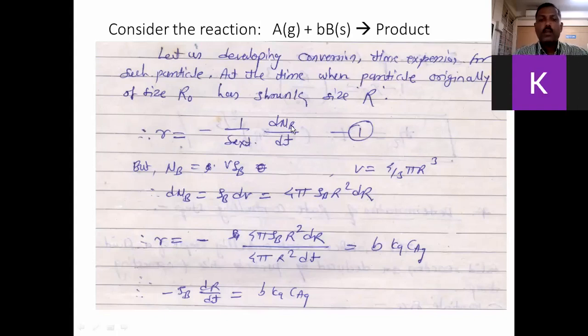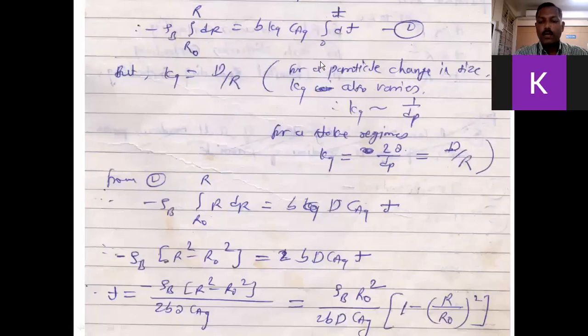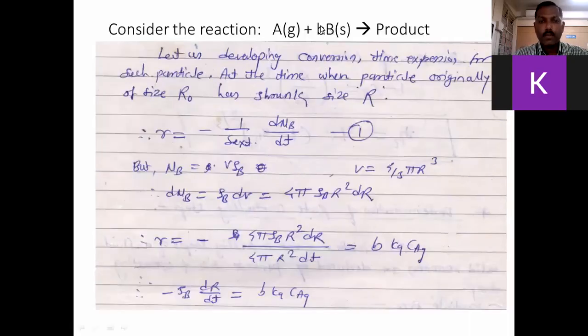Now, dNB is the change in number of moles of B. Equation 1 we convert into A, because dNB upon b equals dNA, noting the stoichiometric relation of the rate of reaction: minus rA equals minus rB upon b.